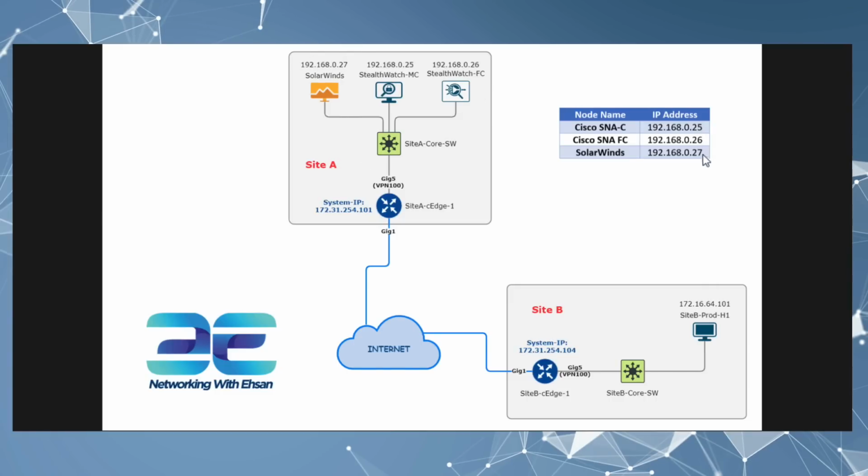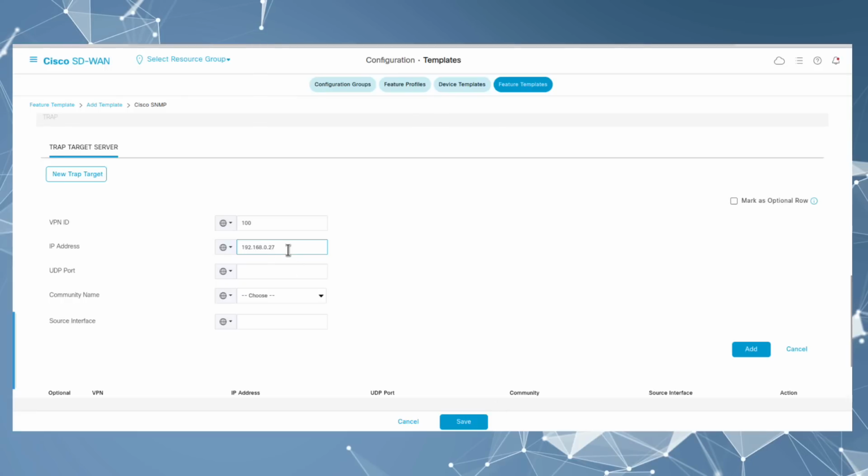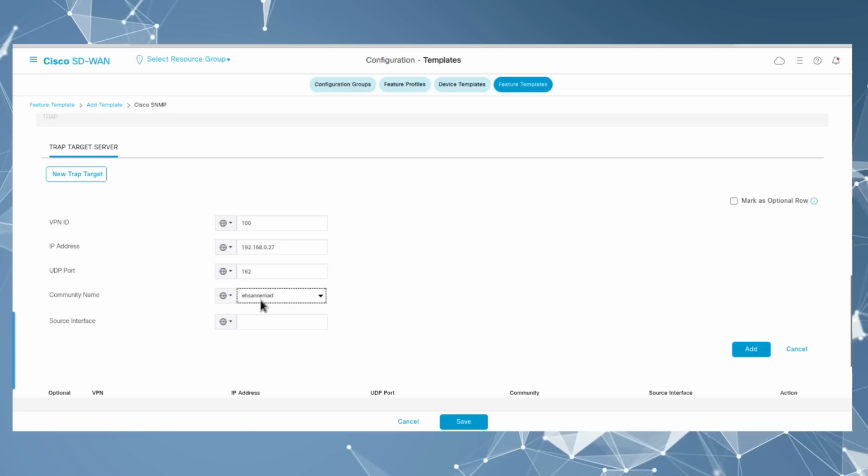This is our SolarWinds. And the UDP port for the trap is 162. Community name: I put my first name and last name with a double N in between. And the source interface. Pay attention, the source interface is case sensitive.